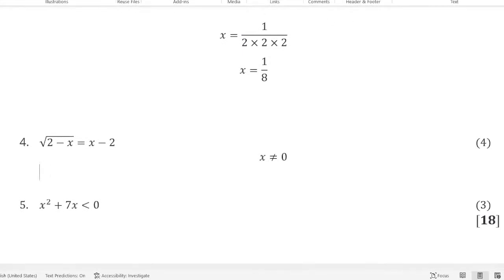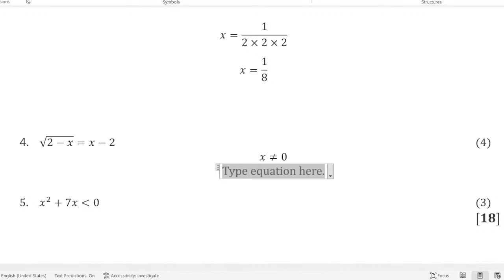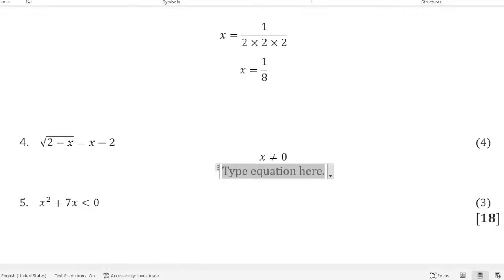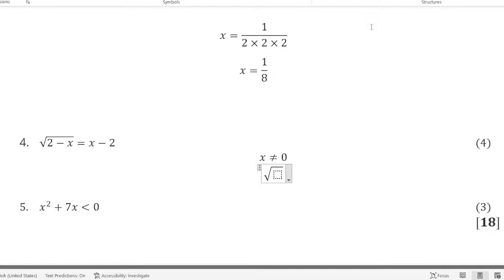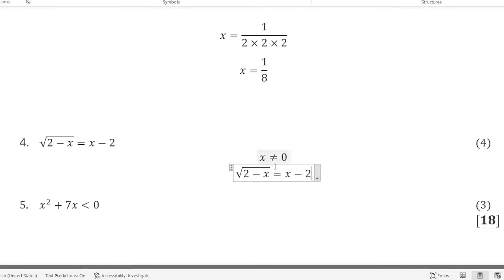So here, let's put it under a square root. We have 2 minus x is equal to x minus 2, right? Remember, when you're removing a square root, you have to square.